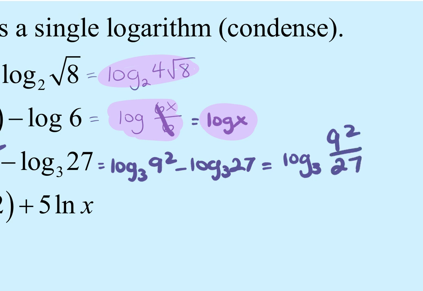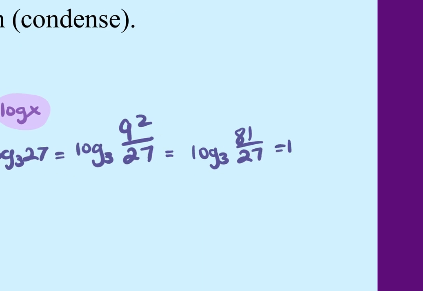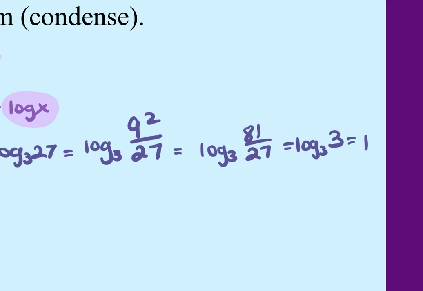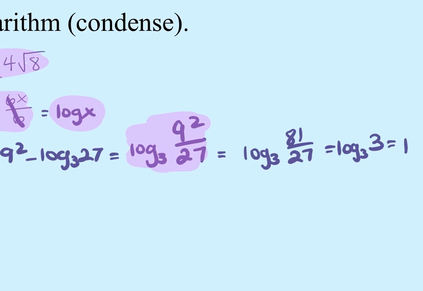And again, if it just said condense, I would take that answer. If it said condense and simplify, I'd have to keep going. This would be log base 3 of 81 over 27, which is log base 3 of 3, which is 1. So if it just said condense, you're done here. If it said simplify, you'd have to keep going.